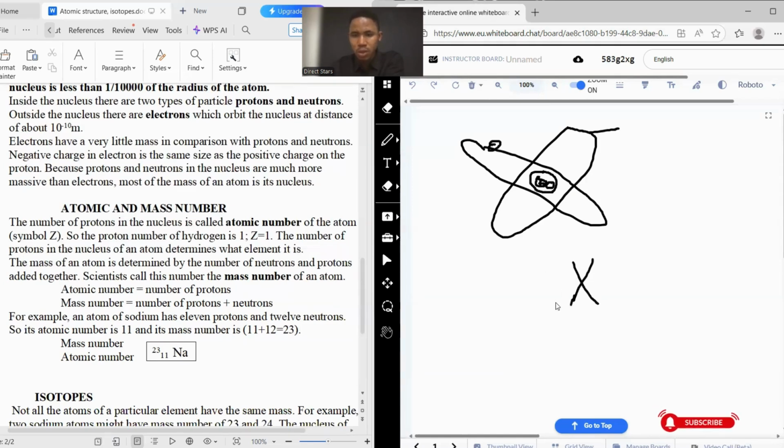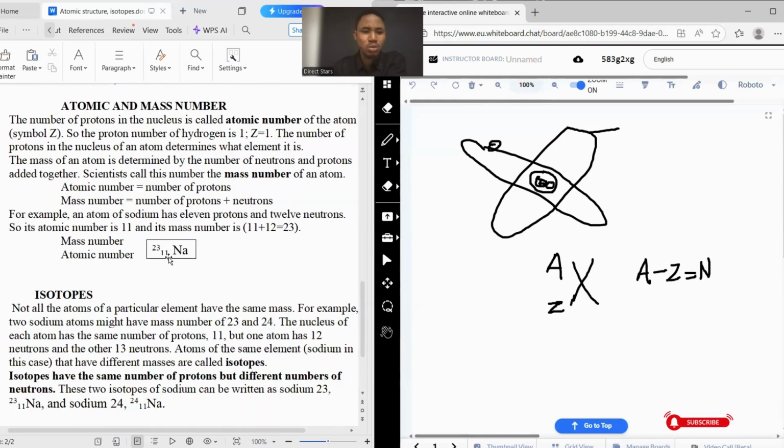Here is the proton number, which is also known as atomic number. Here will be the mass number. The neutron number is not written here. So to get the neutron number, we say A minus Z equals N, where N is the neutron number.